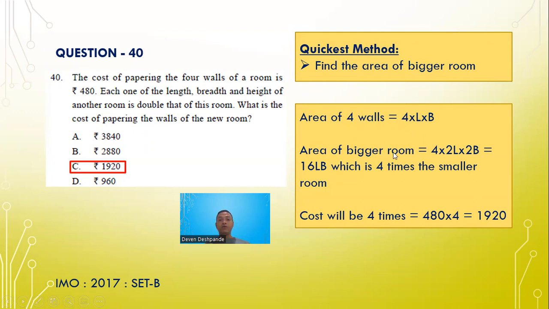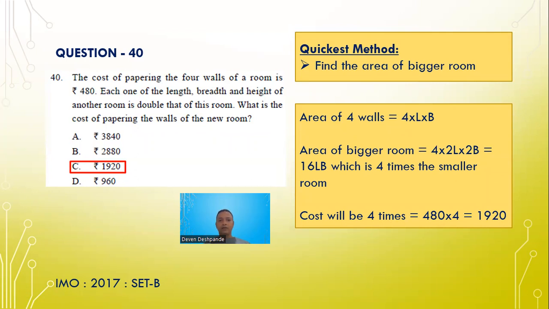And in the bigger room, the length, breadth and also the height are double. Walls are only the vertical part, so it will be 4 into length into breadth, and with everything doubled it will be 4 into 2L into 2B.